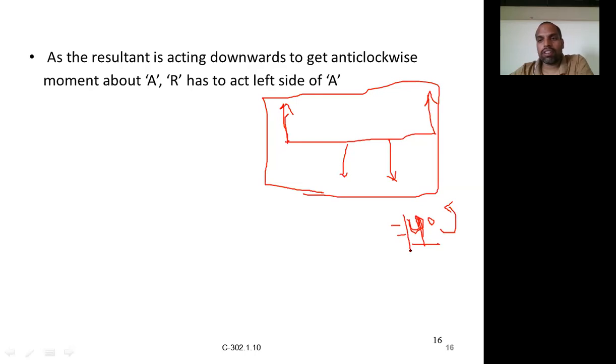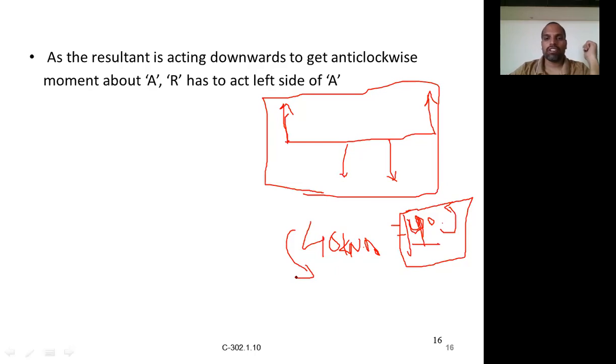As per Varignon's theorem, the algebraic sum of moments of all the forces is equal to the moment of the resultant about the same point. So this side also it shall be 40 kilonewton meter, and it shall also be in anti-clockwise direction.